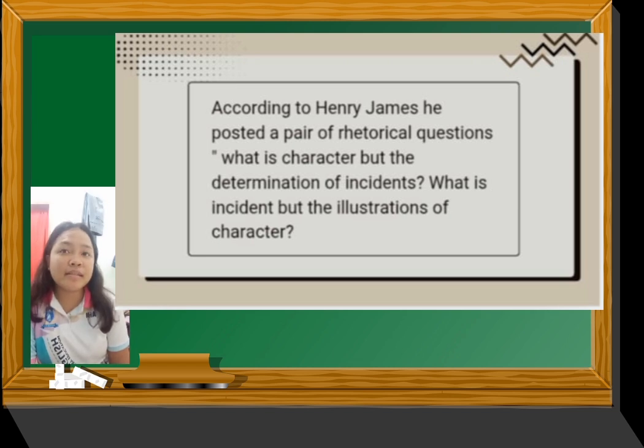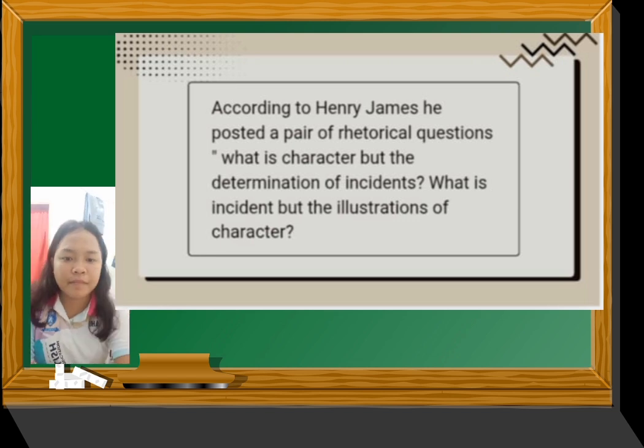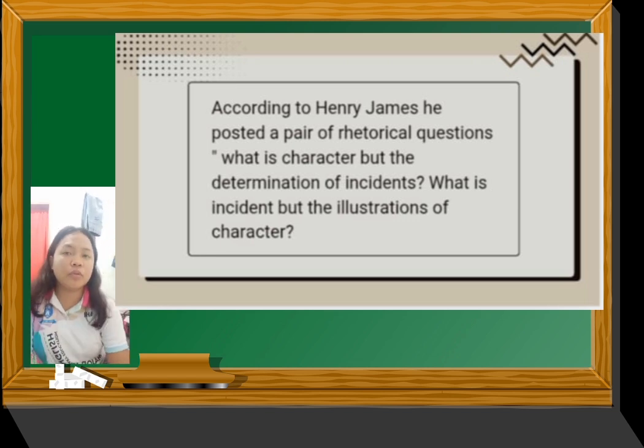Even though you don't want conflict or you are shy, if you have quiet courage, you speak up about the issue. Because of that incident, that is the reflection of who you are.